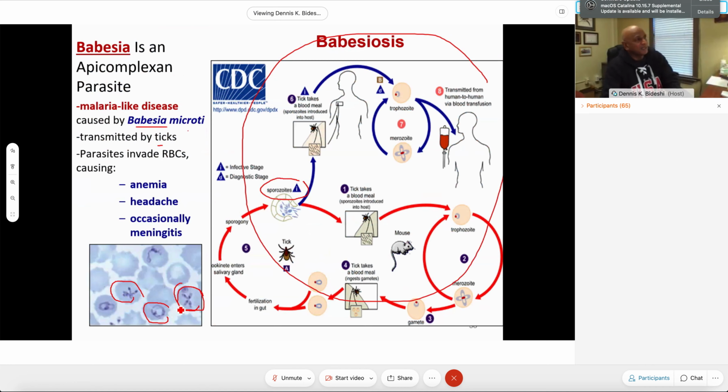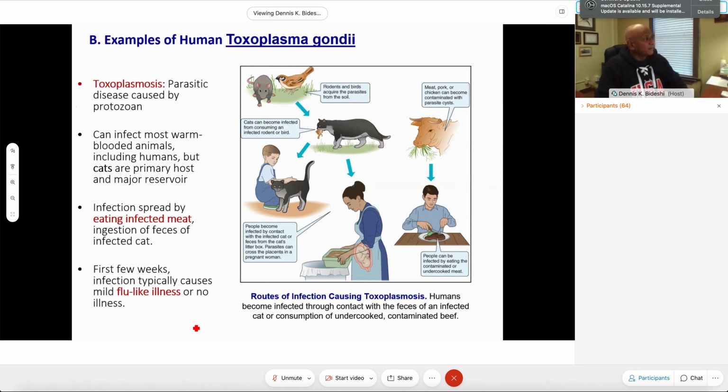And again, you don't have to know this, but we don't see this Maltese cross, this type of structure that you see in malaria. So that's how we can distinguish it. Even though the other things kind of look alike, we don't see the Maltese cross in Babesia.